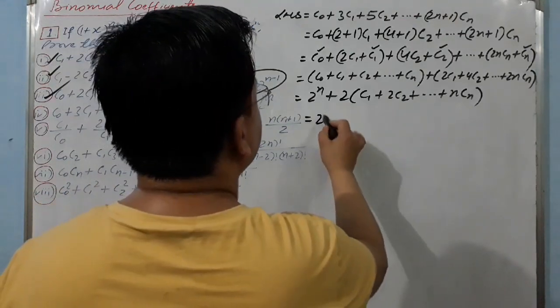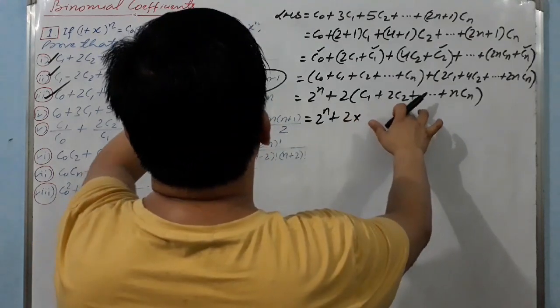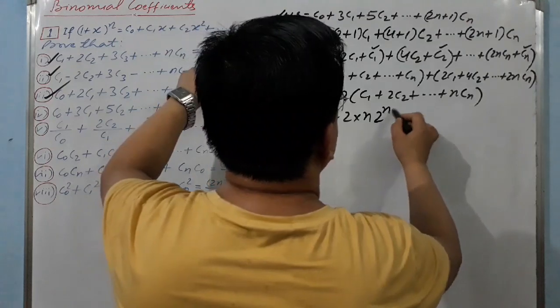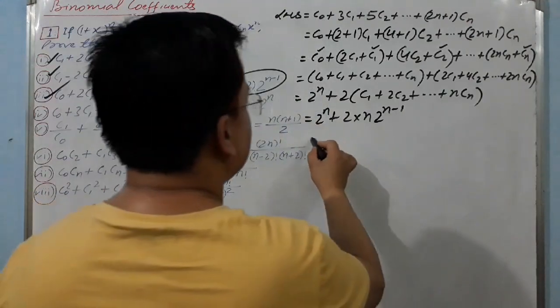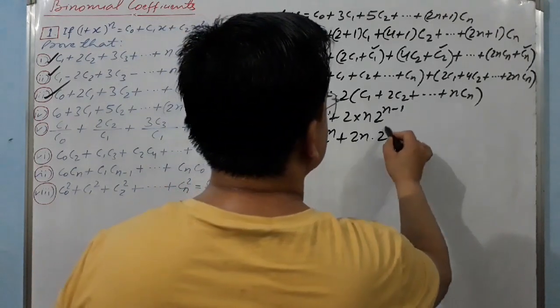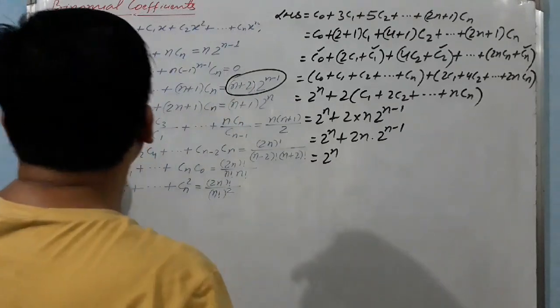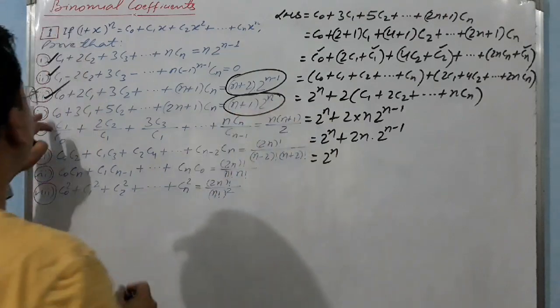Here I'm writing directly plus 2 times, since we have already done it, I'm using this result, n times 2 raised to power n minus 1. So here, 2 raised to power n plus 2n into 2 raised to power n minus 1 is equal to 2n.